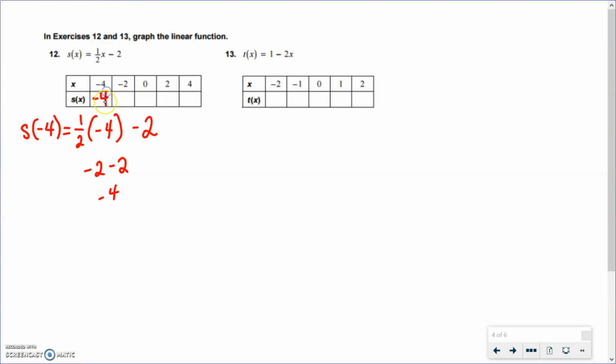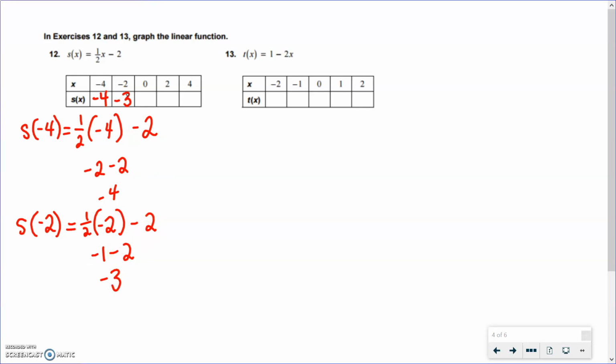So my output there is -4. And then I'm just going to continue to do the same thing here. S of -2 is 1/2 times -2 minus 2. 1/2 times -2 in your calculator, you get -1 minus 2 still here. So it's -3.